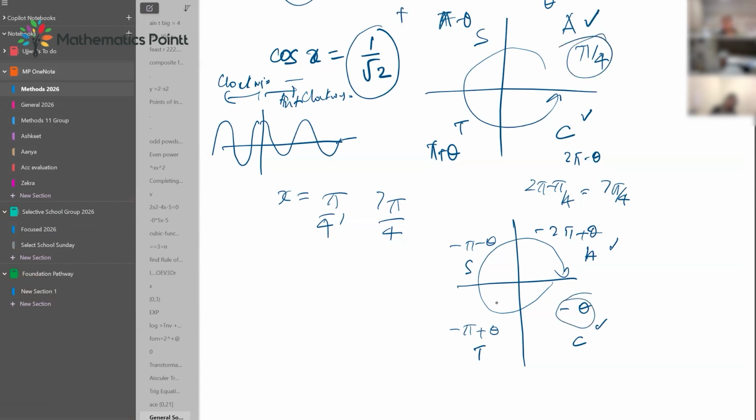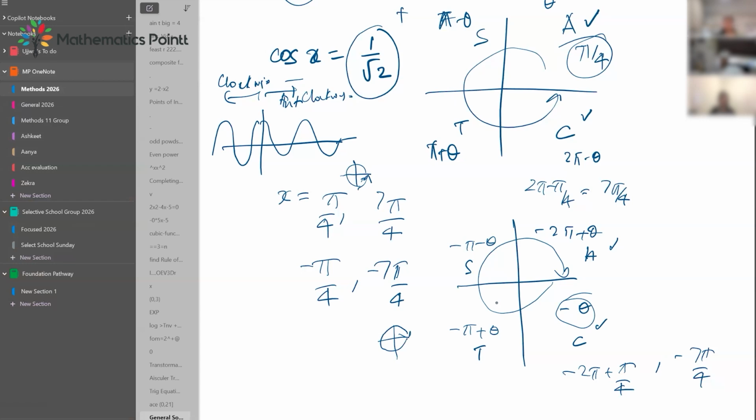So I've got negative theta here, so negative pi on 4 is also one of my choices. And then I have negative 2 pi plus pi on 4, which is negative 7 pi on 4. So this was the anti-clockwise rotation, and this one is the clockwise rotation, right?